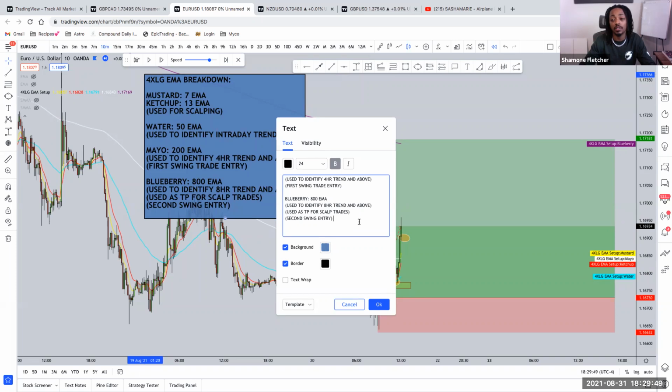From what I've seen, if something's bouncing off of Blueberry and it's crossing over Blueberry, you're going to be waiting for a while, for those who don't have that patience. But that's why you have all of these other moving averages even within there. For those who are trying to be a little bit more patient and want the big bag and don't mind waiting for it, then taking trades off of Blueberry and Mayo is probably what you're going to want to do.